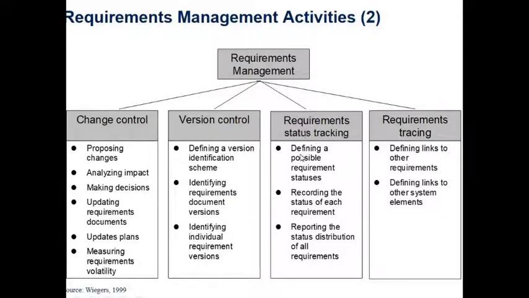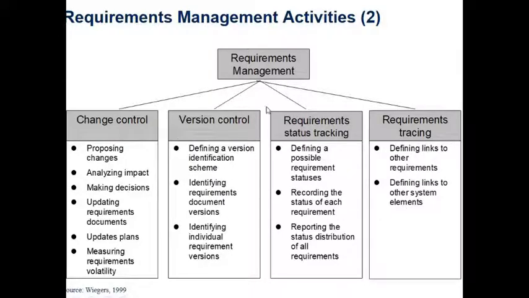Then you have this group of activities, requirement status tracking. Here you define possible requirement statuses, record the status of each requirement, and report the status distribution of all requirements. And lastly, you have this group of activities about requirements tracing. Here you define links to other requirements, and you define links to other system elements.